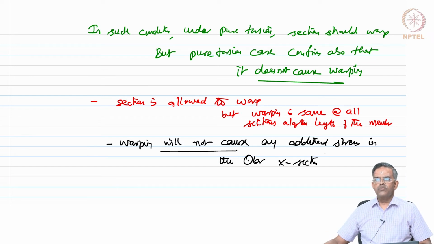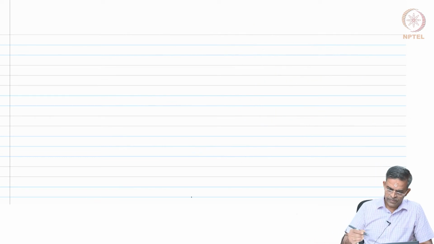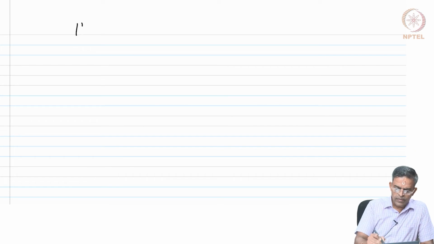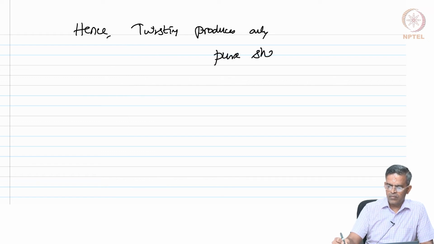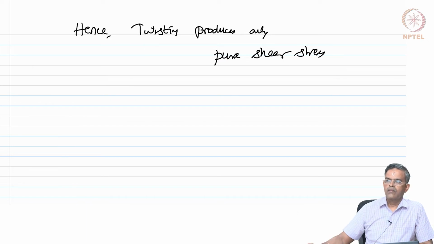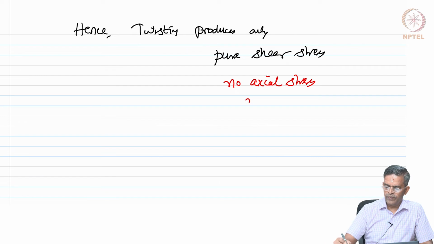So, twisting produces only pure shear stress, no axial, no bending stress. No axial stress and no bending stress.